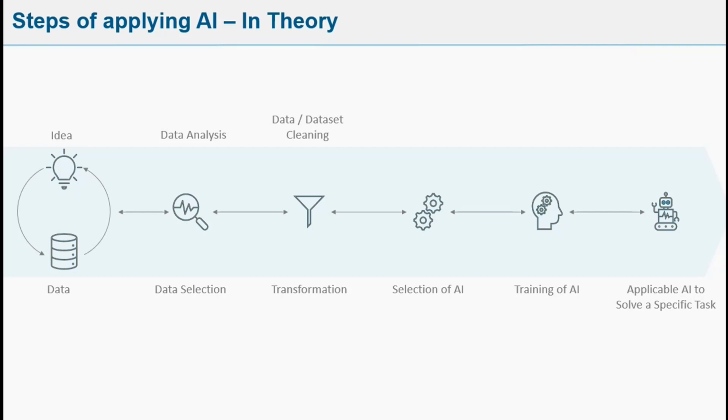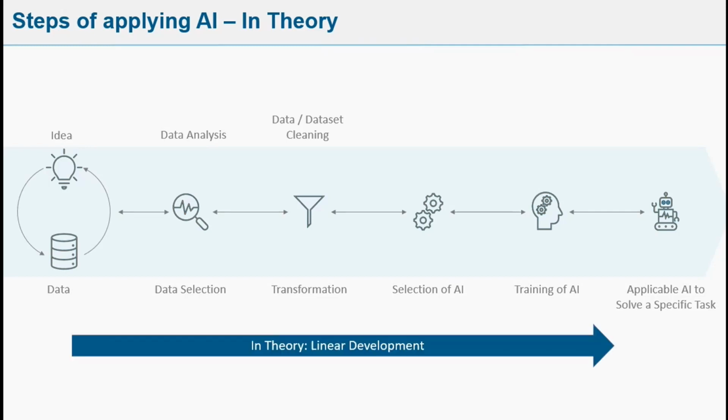However, the buzzword AI is so common that every company tries to have a deep neural network doing things that can usually be done with a simpler network. Then, of course, we do the training of the AI, and the last step is having the AI within our application, where it solves a specific task.